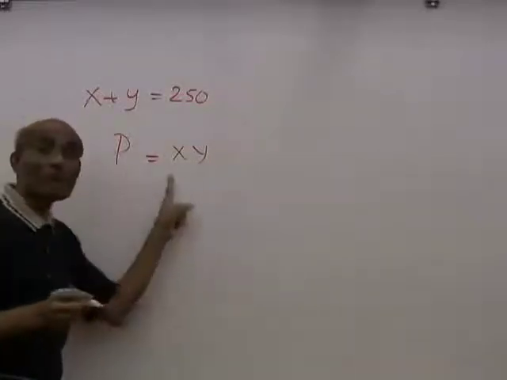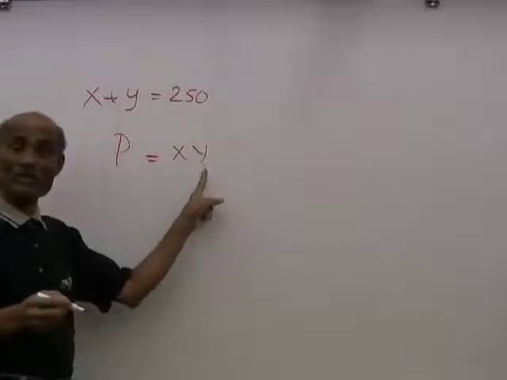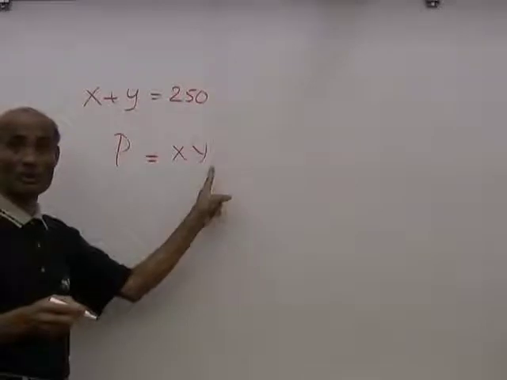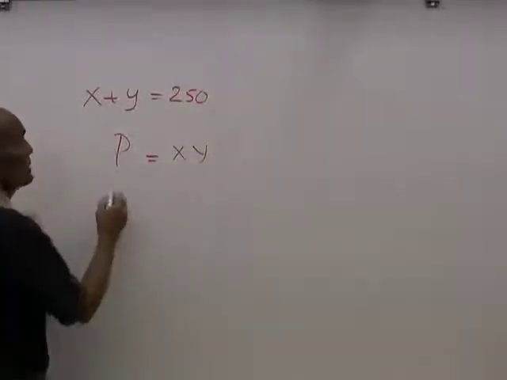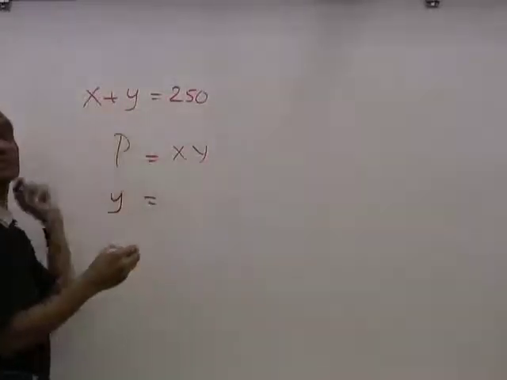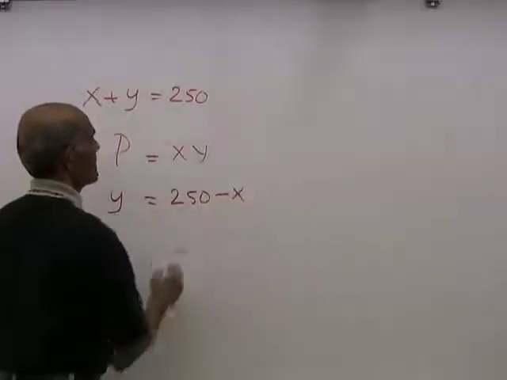Now we need to optimize this function. That means we need to eliminate one variable in terms of the other. So replace your y in terms of x. Now from our first equation, what is y equal to? y equal to 250 minus x. There you go.